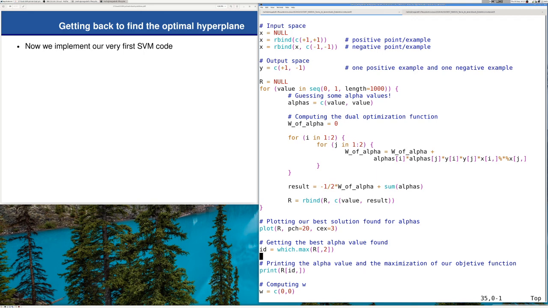If I don't have that, I need to come up with some kernel. And the kernel is going to, I expect at least, allow such linear separability. It should, at least. See you guys.